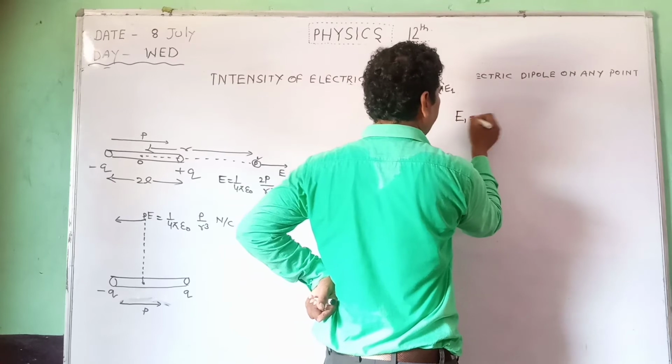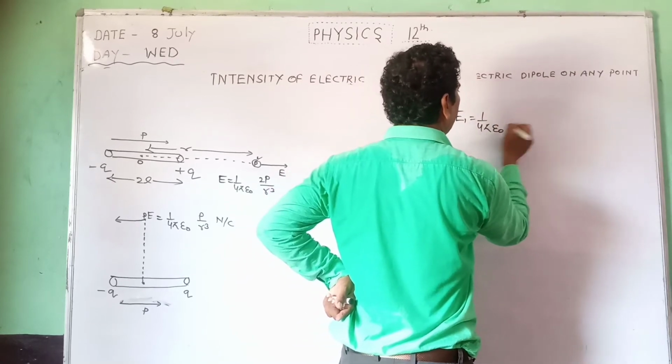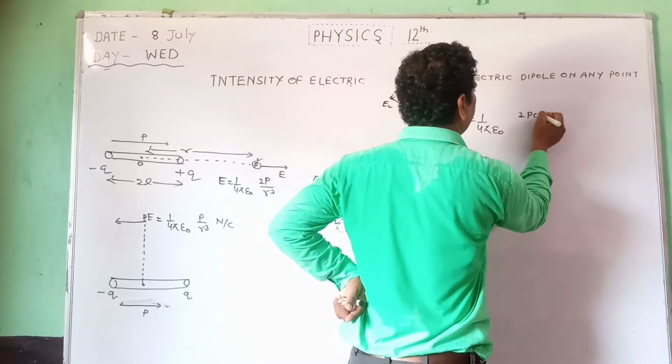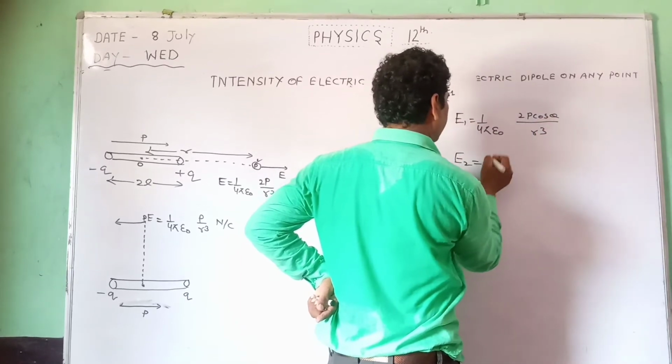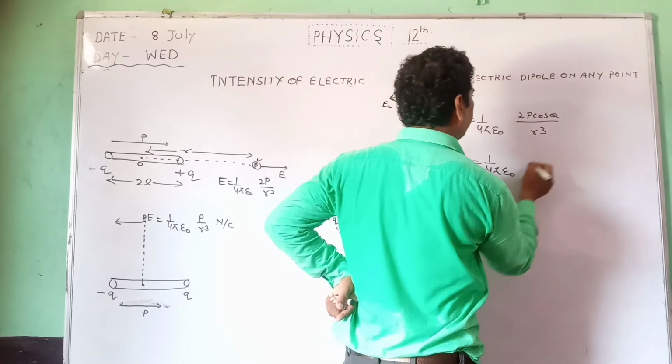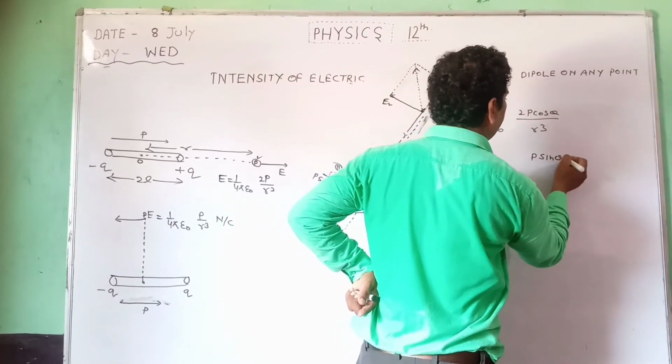The value of E1 will be 1 upon 4 pi epsilon naught, 2p cos theta upon r cube, and the value of E2 will be 1 upon 4 pi epsilon naught, p sin theta upon r cube.